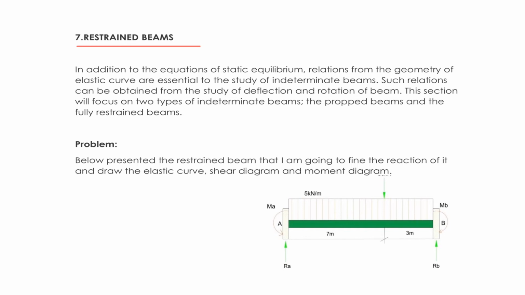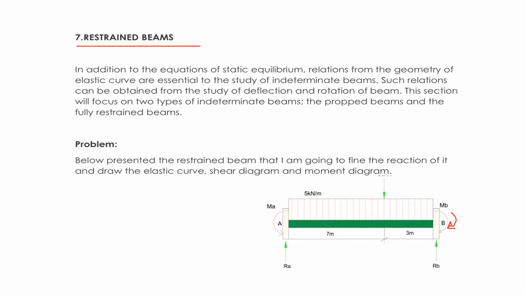Acting on this beam, a load is 5 kN per meter. Moment at A is acting counterclockwise, and moment at B is acting clockwise. I assume that RA is going upward and RB is going upward too.